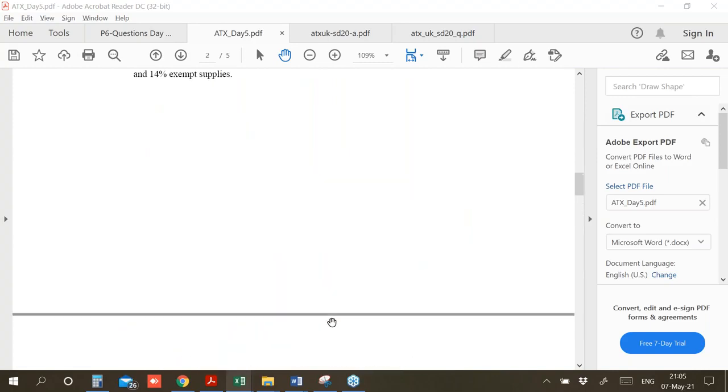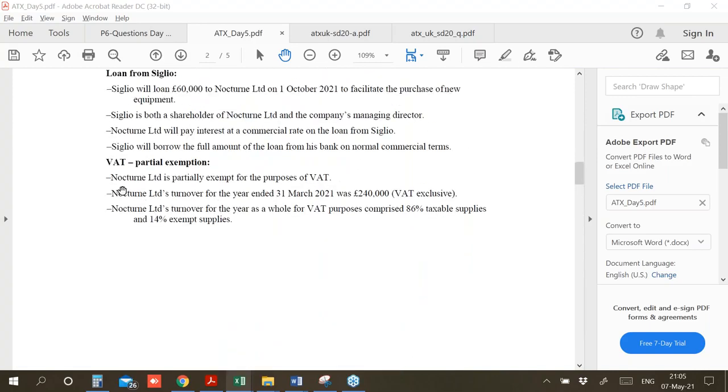Now let's read about its VAT position. Nocturne is a partially exempt business. Nocturne's turnover for the year ended is 240, VAT exclusive, so VAT is not included in that. Nocturne's turnover for the year comprises 86% taxable supplies and 14% exempt supplies.